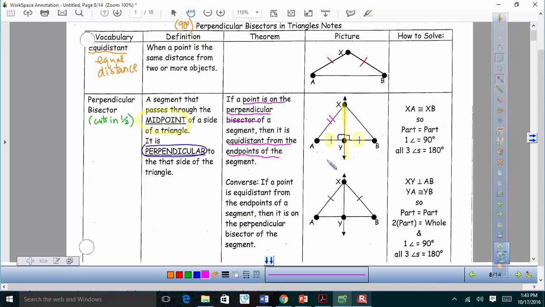X to A would be equal distance to X to B. Okay, and then the opposite applies. Converse just means the opposite. So the converse is saying if this distance, X to A and X to B, are congruent, then this segment is a perpendicular bisector, and all of this applies. Okay? Are there questions about that?